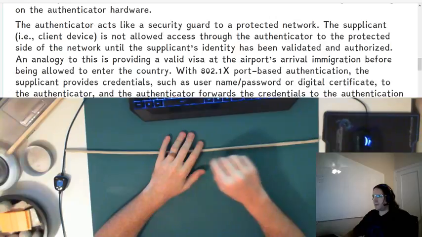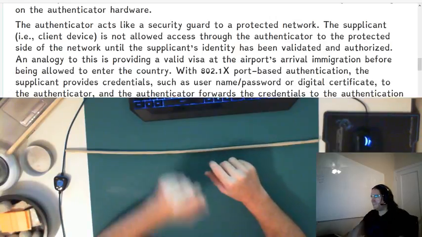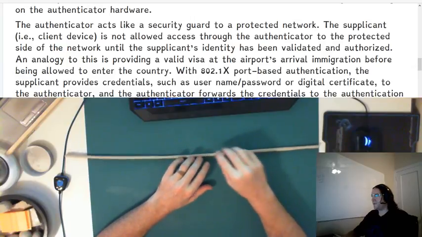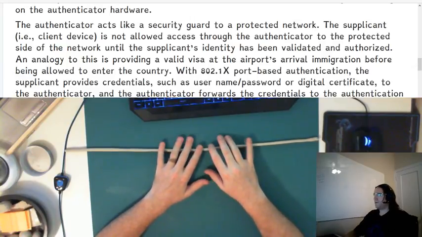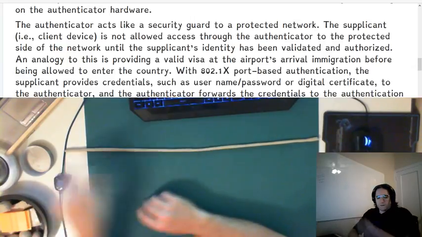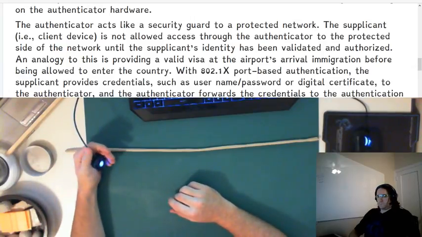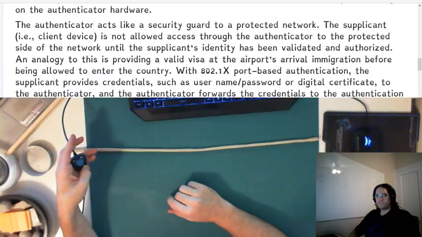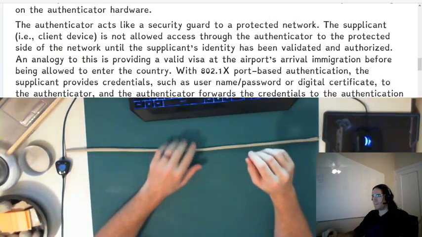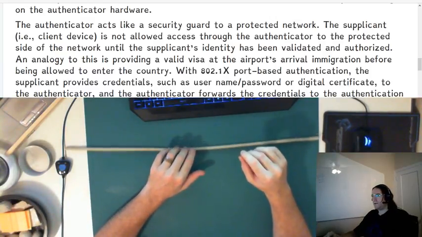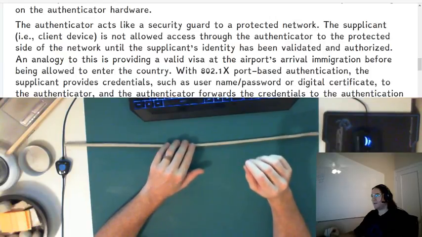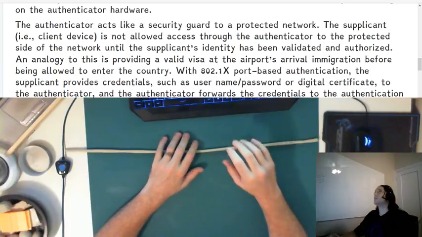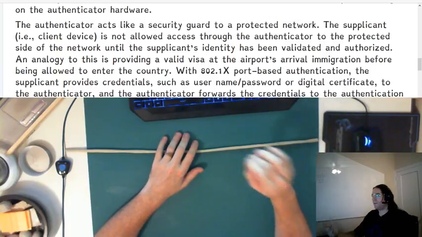The authenticator acts like a security guard to protect a protected network.